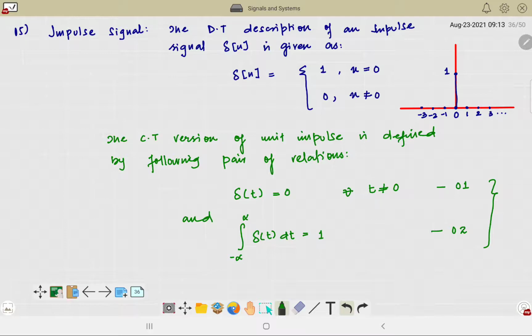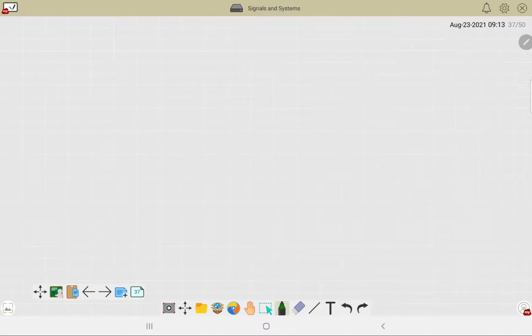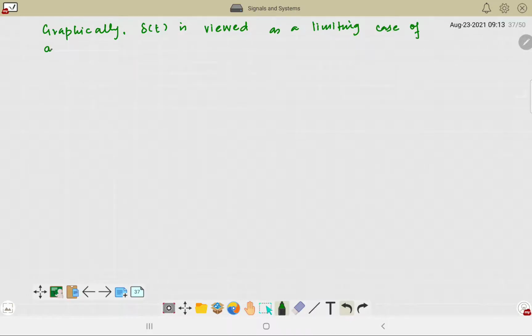But to graphically visualize it, what we do is we view delta t as a limiting case of a rectangular pulse function, or signal, whatever you want to call it, having a unit area.